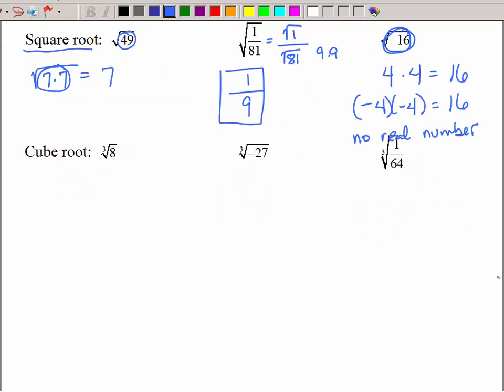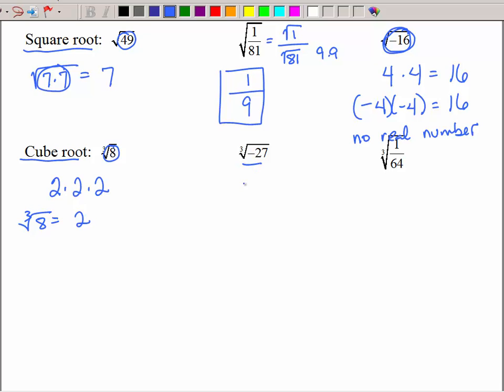So now let's look at the cube root. The cube root asks you what number multiplied by itself 3 times in a row would get you, in this case, 8. Well, hopefully you remember that 2 times 2 times 2 is 8. So the cube root of 8 is 2. So notice, if you're a card player, we're looking for 3 of a kind.